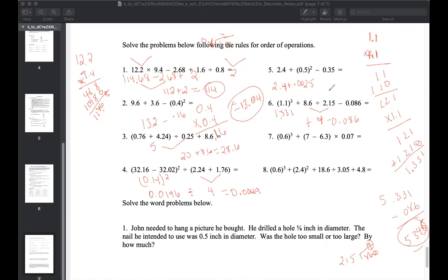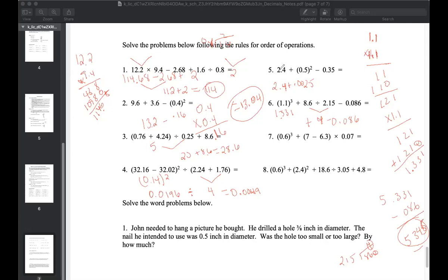No. Remember, how do we add decimals? You have to line them up. Oh, 2.4 plus 0.0025. You have to line up your decimal places, ma'am. Okay. My bad, Mr. D. It's gonna take me a minute to catch on. It's okay. So what was I supposed to get? 0.49?